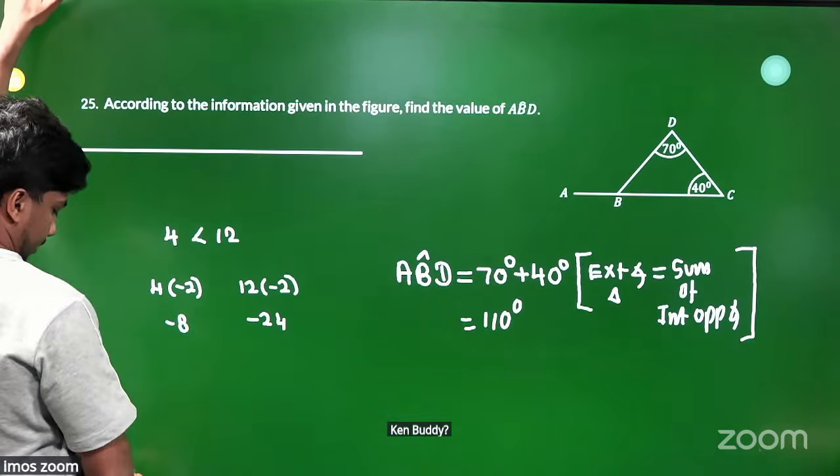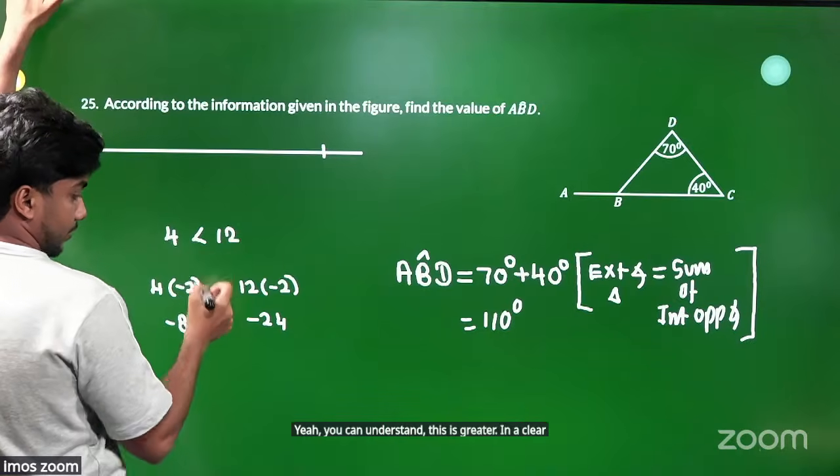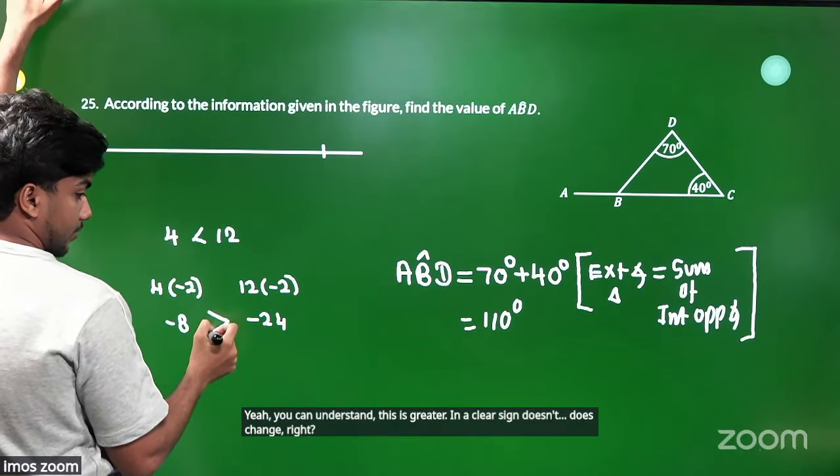On the number line, -8 is greater, you can understand. The inequality sign does change, right? Can you understand?